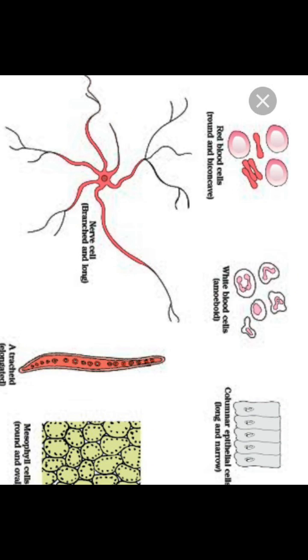Cells differ greatly in size, shape and activities. For example, mycoplasmas. About mycoplasmas we had a discussion in previous classes in lower chapters like biological classification. So here students, it is considered to be the smallest living cell by scientists.